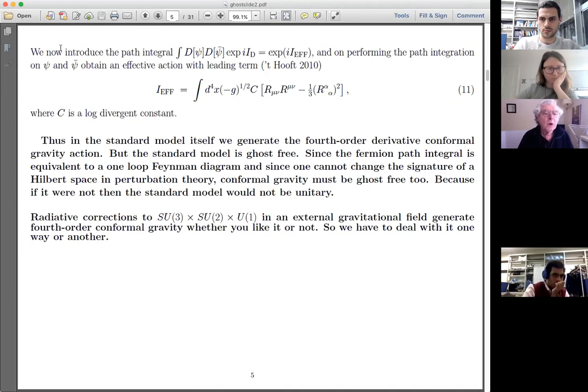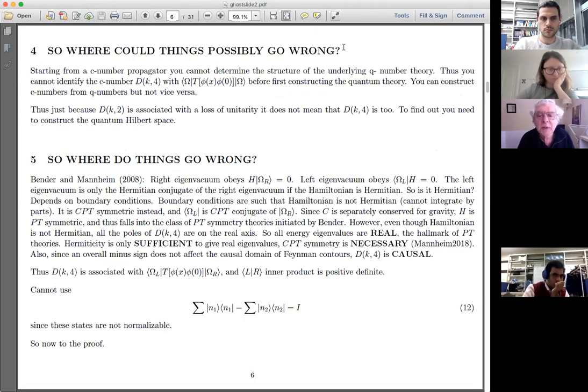So where could things possibly go wrong? Well, the propagator that we wrote down, the dk4 with the relative minus sign, is a C number. And when you have a C number, you can't automatically identify it with any particular Q number before you first construct the quantum theory.